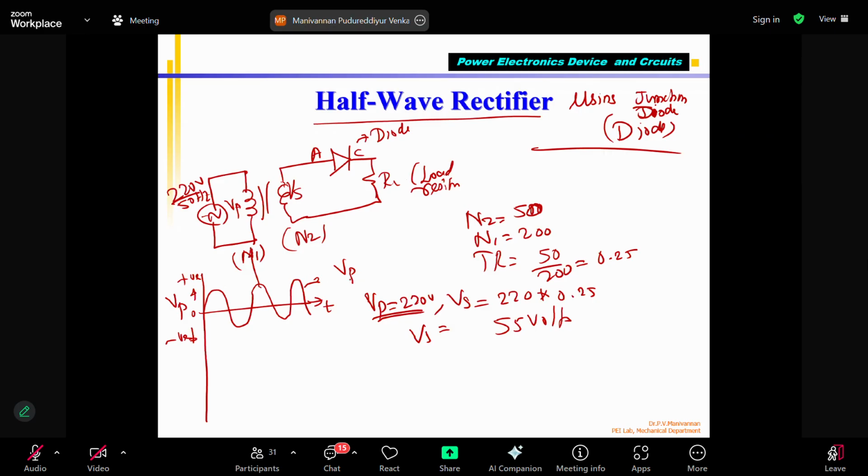Please note that whenever you say 220 volts in India, single phase, 50 hertz, it means VRMS, the voltage root mean square value. Correct? VRMS means voltage root mean square. That is 220 volts.